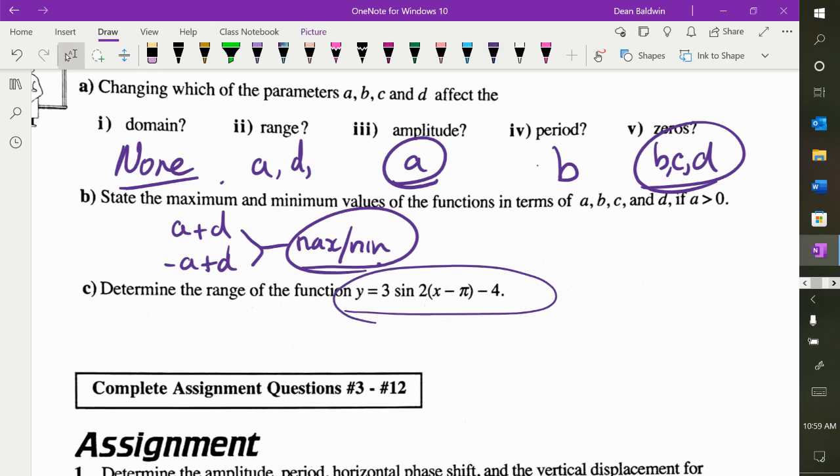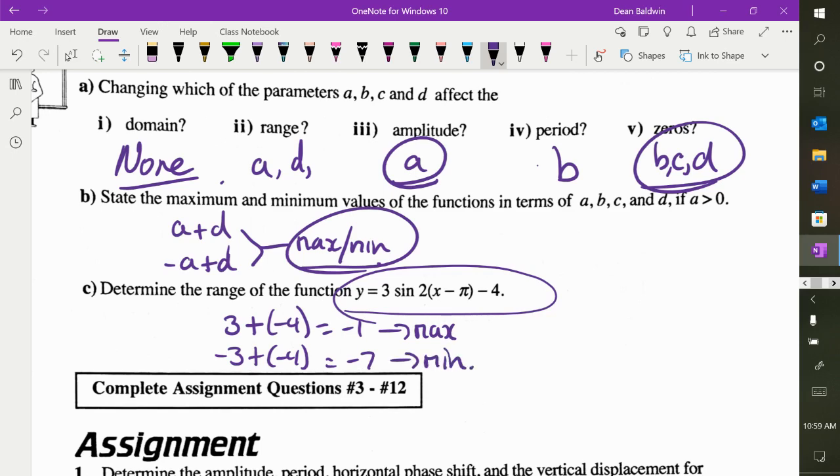You just go 3 plus negative 4 and negative 3 plus negative 4. 3 plus negative 4 is negative 1. Negative 3 and negative 4 is negative 7. So your max is negative 1 and your min is negative 7.